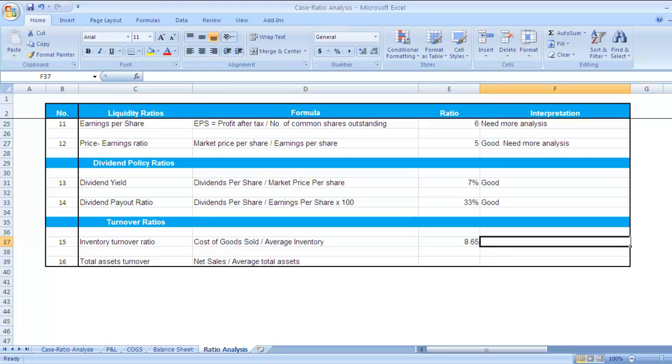In other words, it holds average inventory of 1.4 months. That is, if you divide 12 months by 8.6, it will give you 1.4 months. The reciprocal of inventory turnover gives average inventory holdings in percentage terms. Okay, so I would say good.